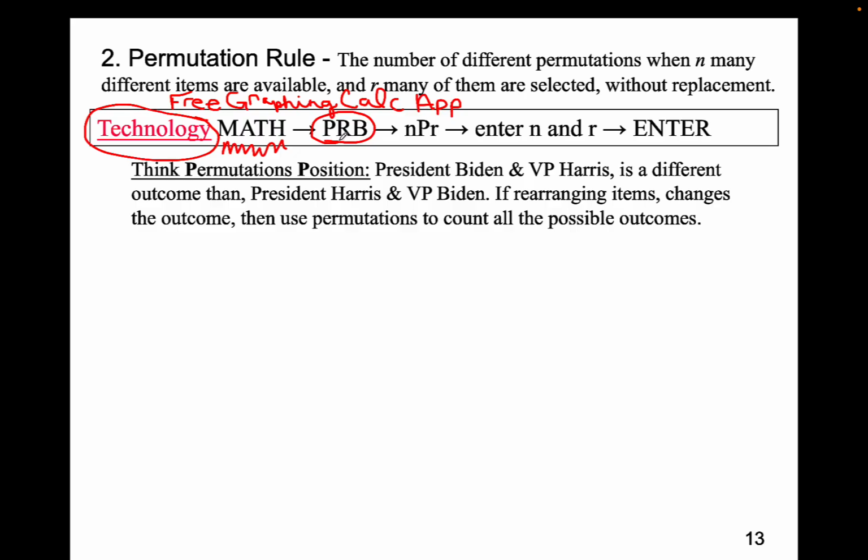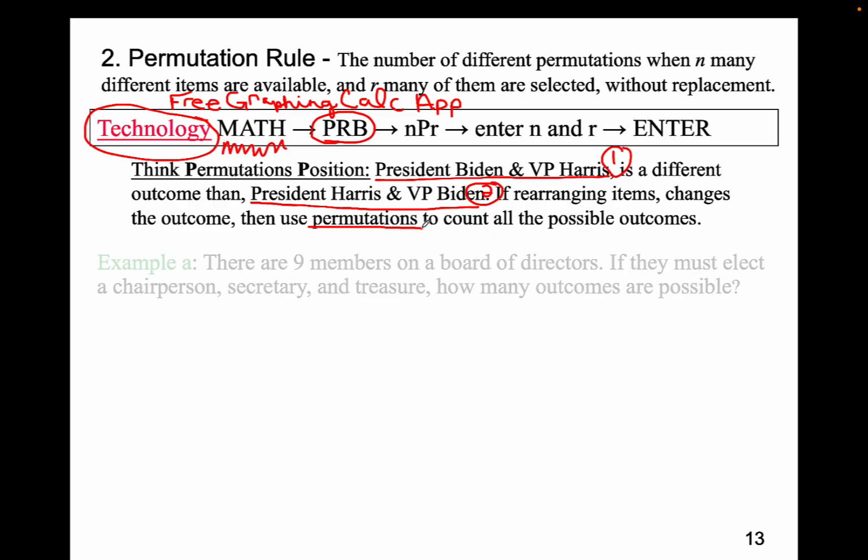Therefore, we would count each of those as a different permutation. So this right here would be one permutation, and this right here, we count as another one because these positions made it different. So this is 2 permutations. This is how we count permutations. If rearranging items changes the outcome, then we use permutations to count all of the possible outcomes.